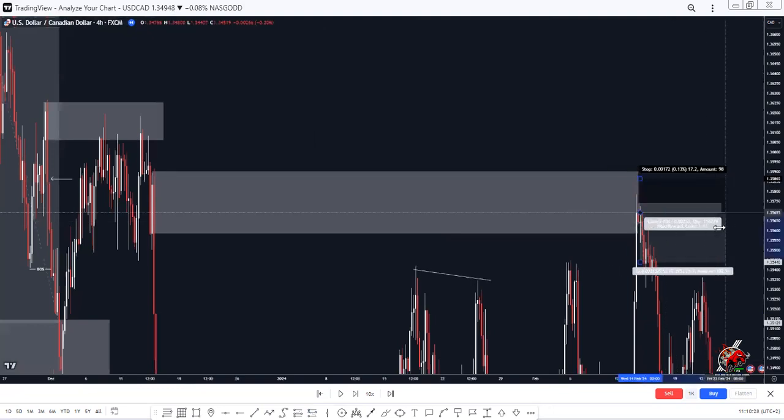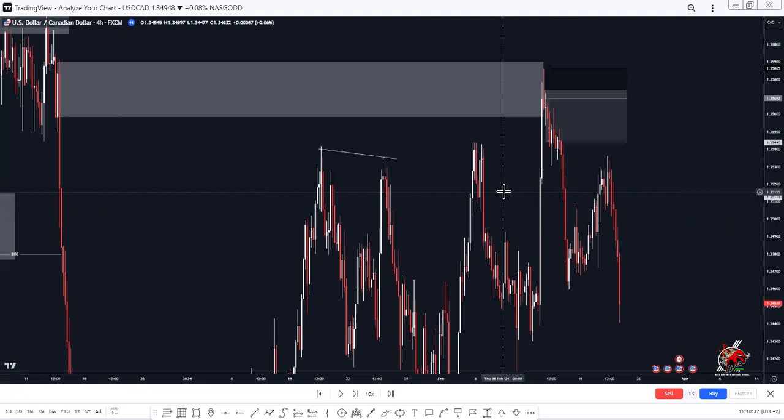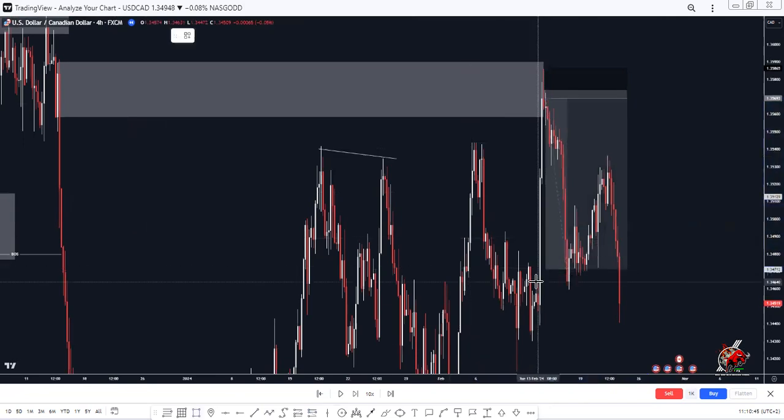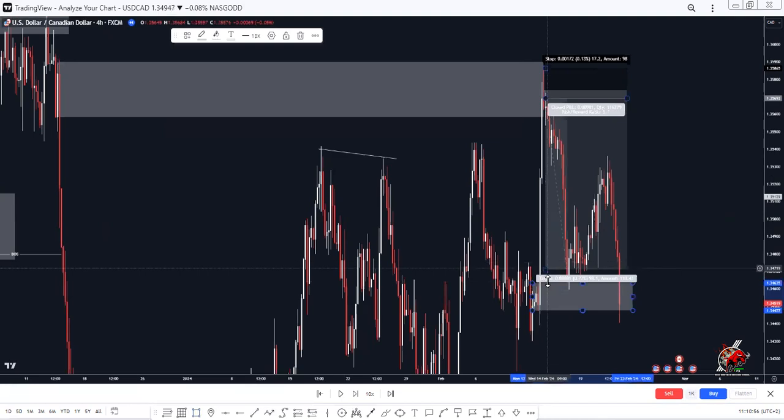For example, if you executed on a 4 hour order block with lower time frame execution, but now the market is not showing you a sign on the 4 hour, you don't actually target higher time frame targets without you being sure, right? Because we're gonna be targeting this order block right here, until we see a sign of continuation to actually scale in, right? You could have earned yourself 6% on this trade.